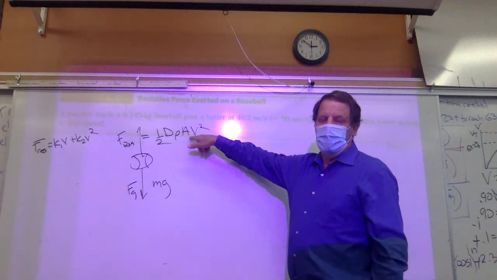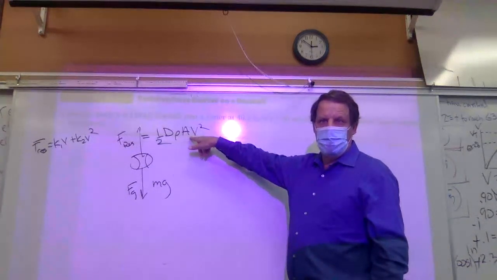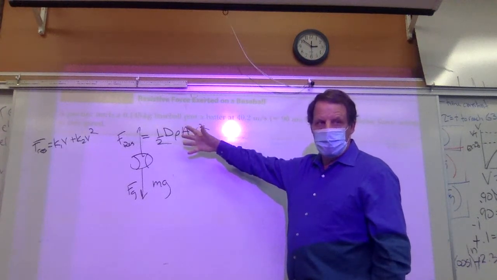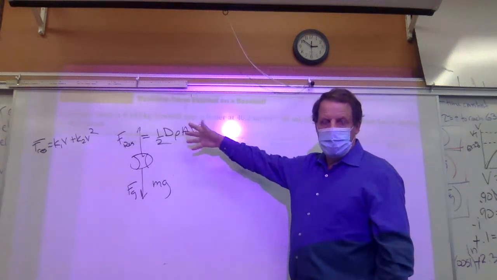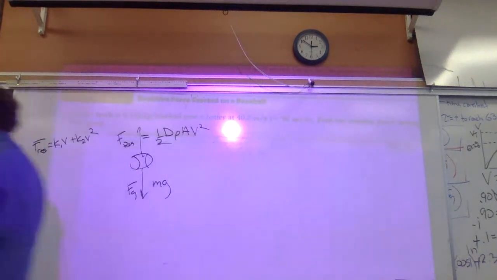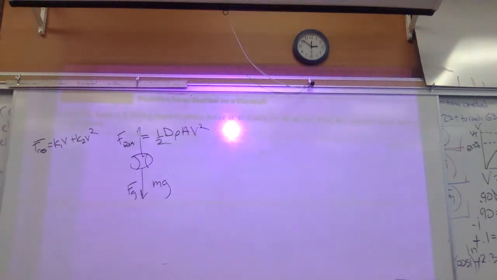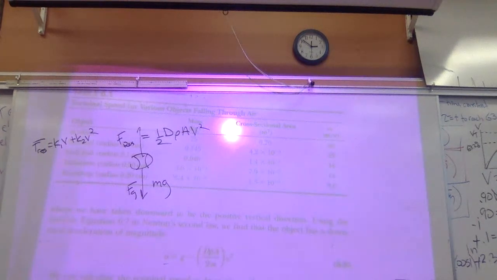I could have made it harder and given you the radius of a golf ball, then you could figure out the cross-sectional area using pi r squared. But if we go back one page and look up here, okay?